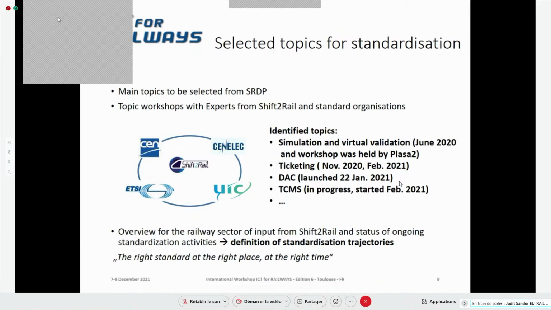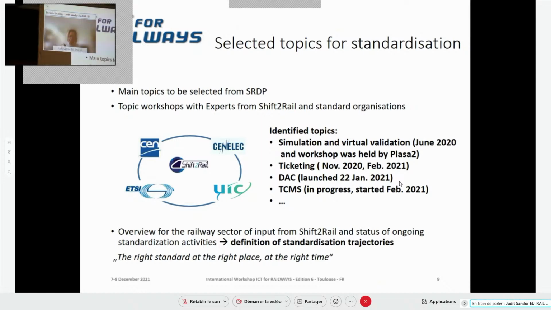Here Shift2Rail joined this discussion to ensure that the inputs and the scope of the work are fully aligned. This is important when we want to ensure that the standards are developed at the right time and the right place.